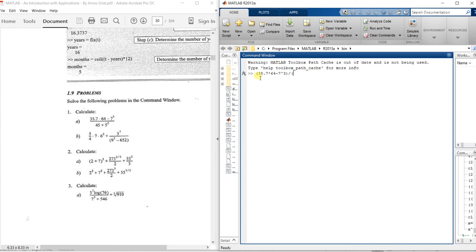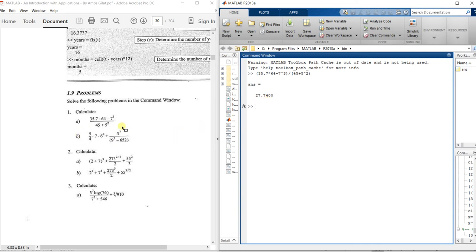Now you give enter, and we get the value of the solution. So the solution of the first one is 27.74.